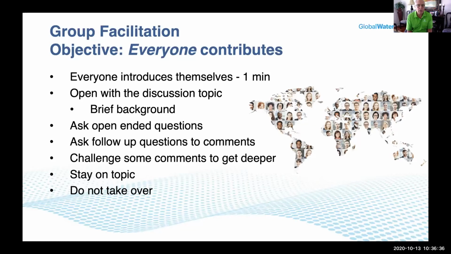Ask open-ended questions, ask follow-up questions to comments, challenge some comments to get deeper into the subject that's brought by them, and then make sure you stay on your topic and make sure as a facilitator that you don't take over. Yeah, or as a participant, either one. We're all community. The facilitator has to guide that.